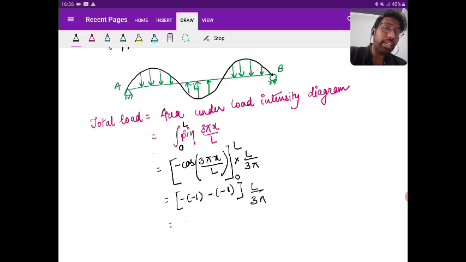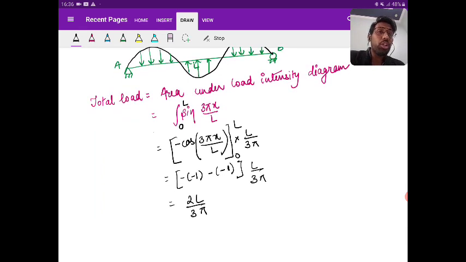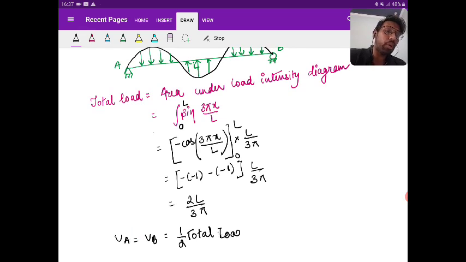So you got the result as 2L by 3 pi. Yes or no? Now you got the total load. Now what is VA and VB? Nothing but half of the total load, that is L by 3 pi. Is it clear?